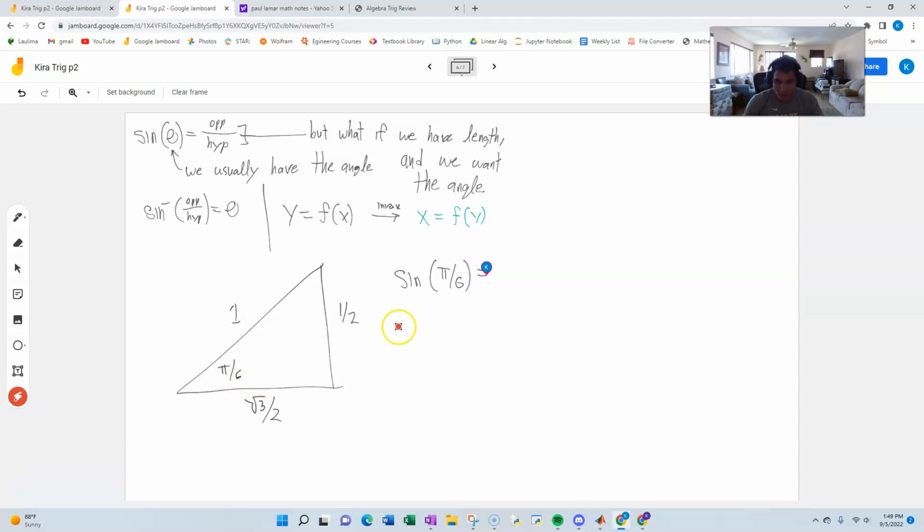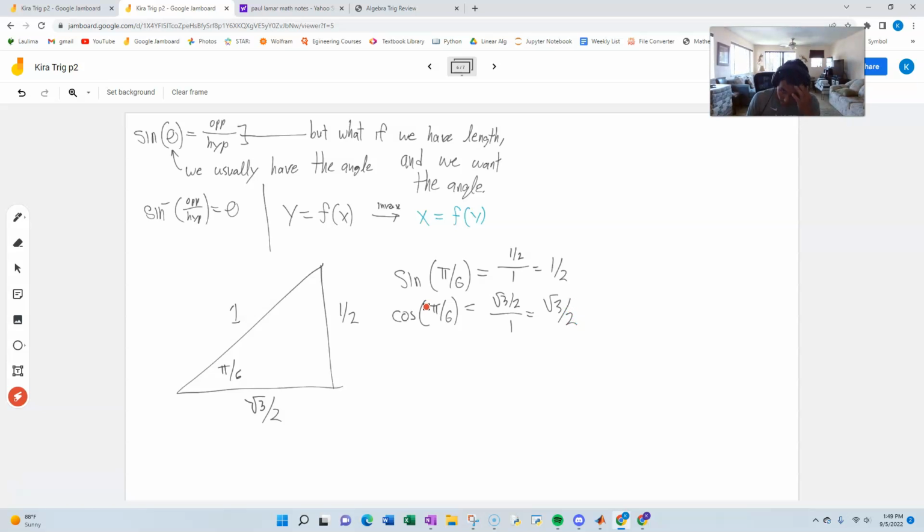You tell me it's opposite over hypotenuse, which is 1/2 over 1, which is 1/2. If I ask you what's cosine of pi over 6, you tell me it's square root 3 over 2 over 1, which is square root 3 over 2. You tell me that every single time.